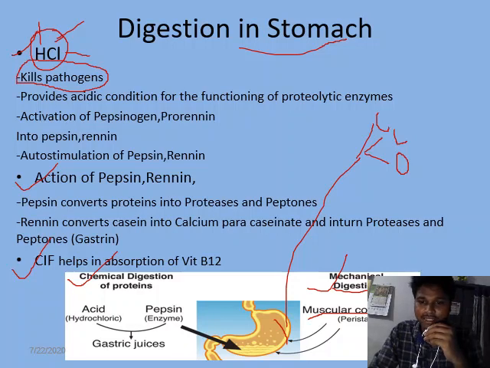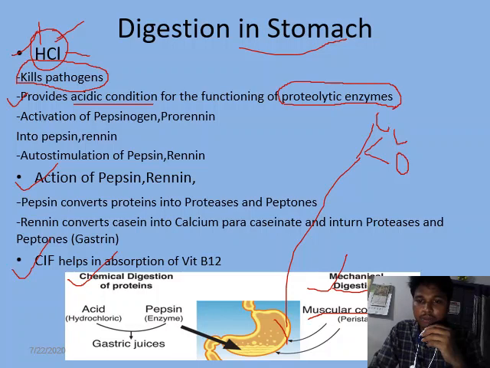So whatever bacteria, fungus and all, whatever the pathogens are present in the food, they are completely killed by this HCl. And HCl also provides an acidic condition for the functioning of proteolytic enzymes. So these proteolytic enzymes act on the proteins only in the acidic condition. So HCl helps in providing such a condition.